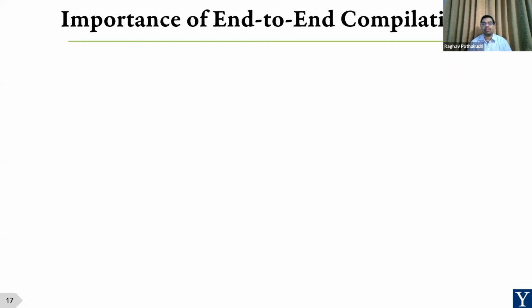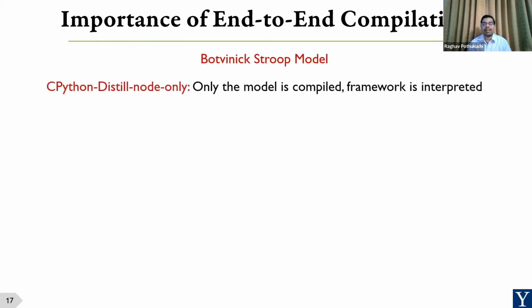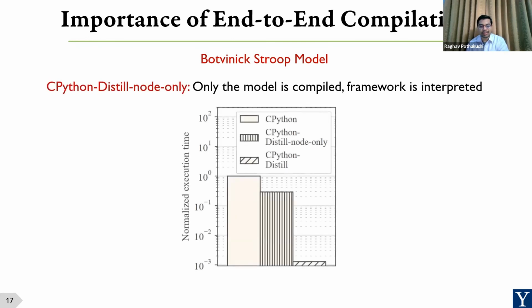Finally, we highlight the importance of end-to-end compilation. Here, we take the Botvinick-Stroop model and consider an environment where only the model is compiled but the framework is interpreted. The chart shows the execution time of this environment normalized to that of the standard CPython environment. With node-only compilation, we see an execution that is only 3.4 times faster.